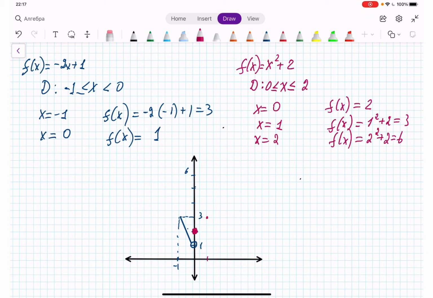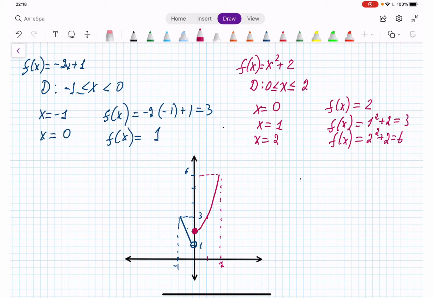And lastly, x is 2, y is equal to 6. This is 2, and y is equal to 6. It's right here. Okay, so the graph is going to go till here. So this graph now represents the piecewise function.